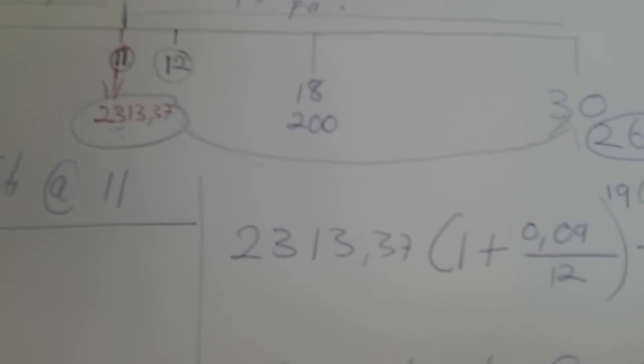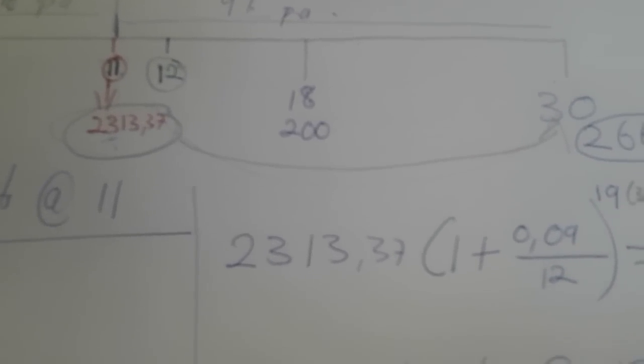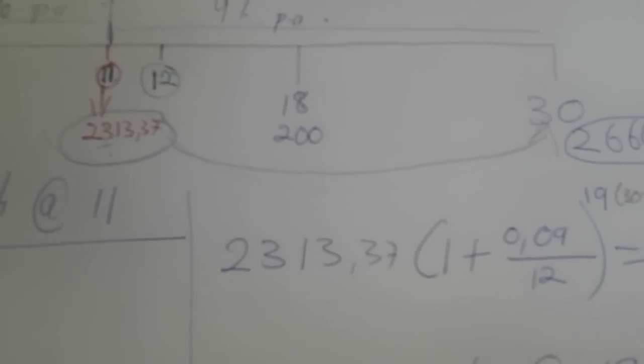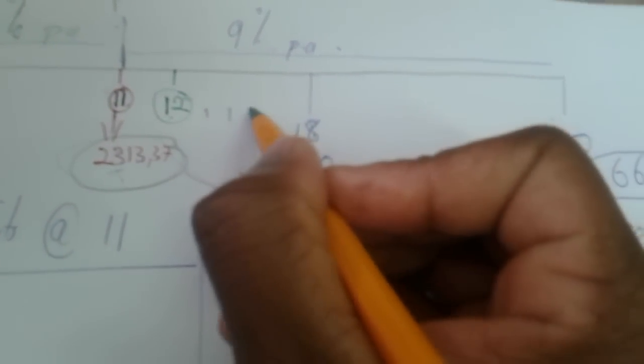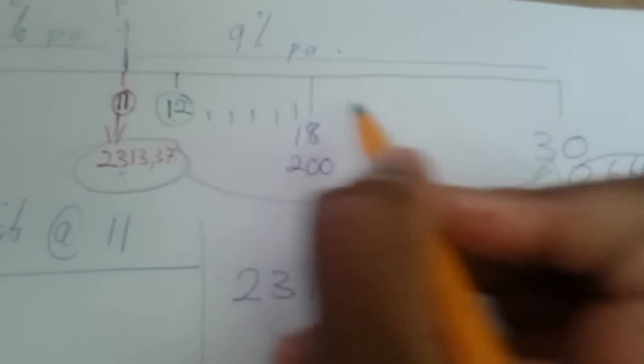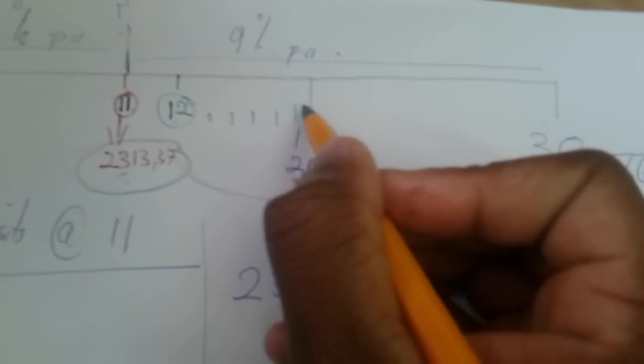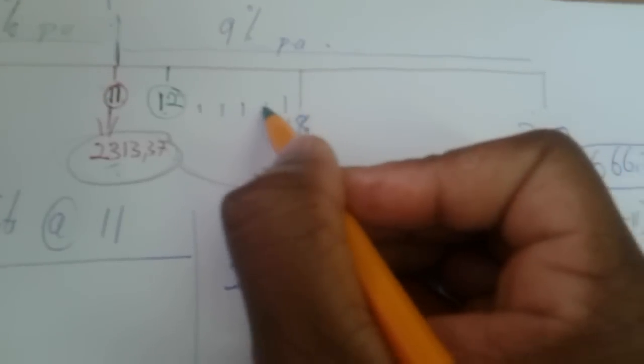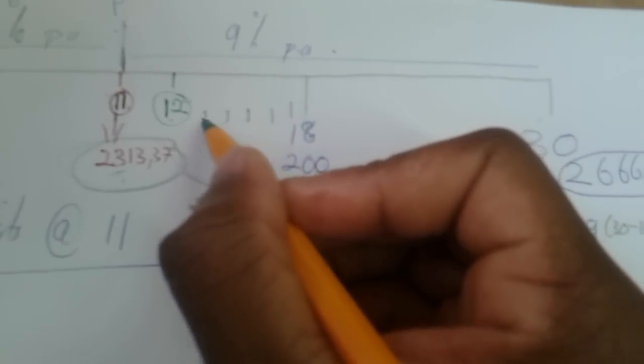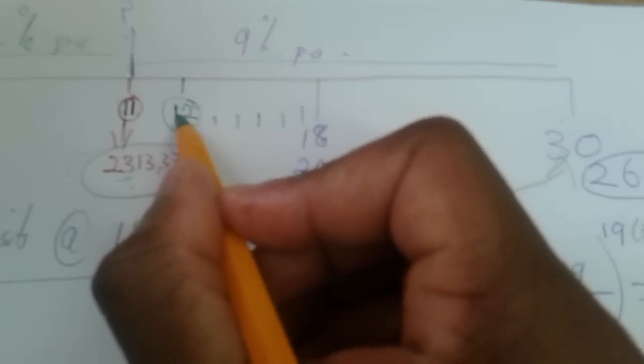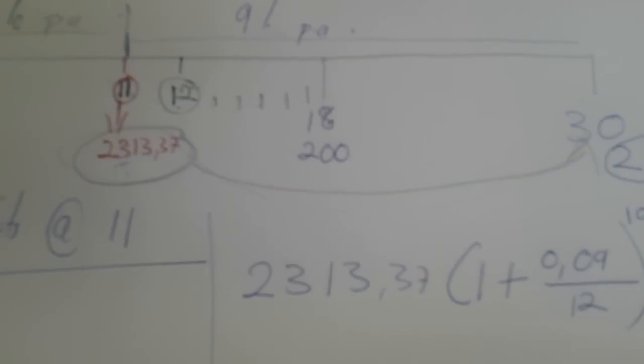And your I is now changed to 9 divided by 12. So remember, 12, 13, 14, 15, 16, 17, and 18. If you count them, 1, 2, 3, 4, 5, 6, and 7. So there are 7 payments.